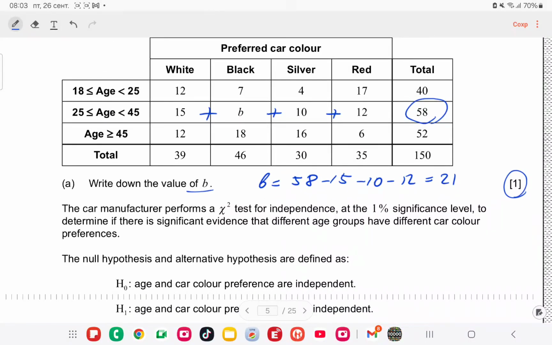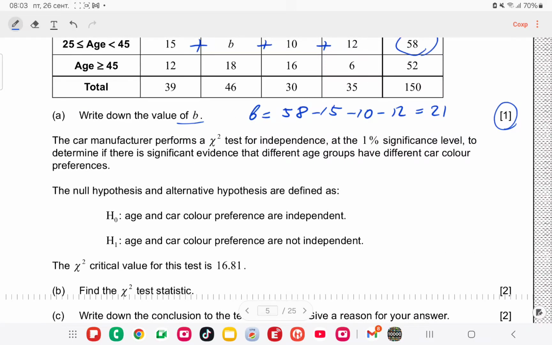The car manufacturer performed a chi-square test for independence at the 1% significance level to determine if there is significant evidence that different age groups have different car color preferences. The null hypothesis and alternative hypothesis are defined as H0: age and car color preferences are independent, so it's our default position.